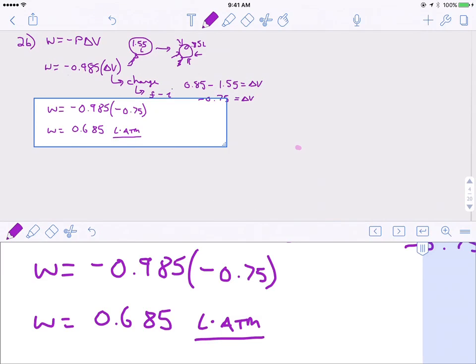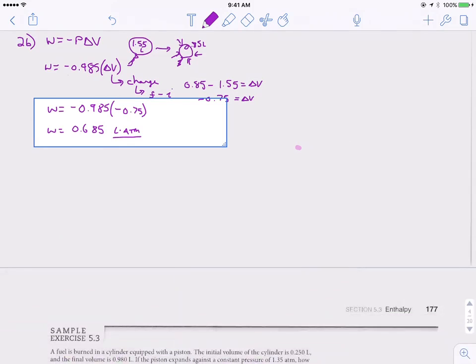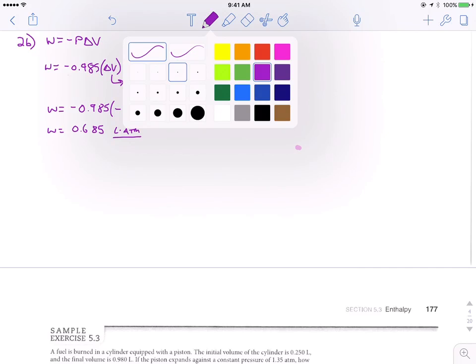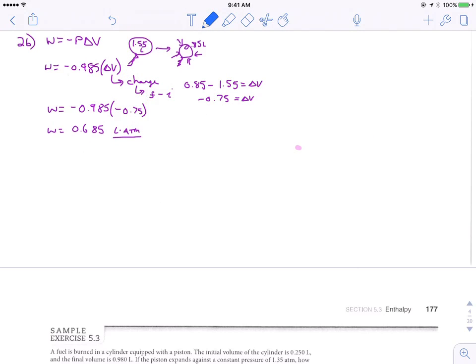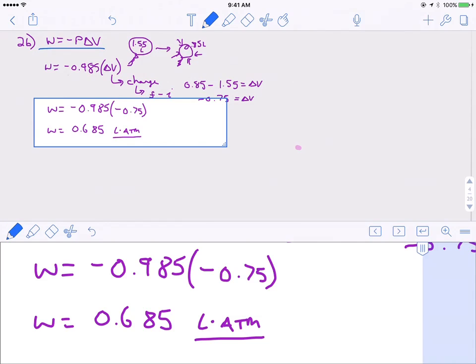Well, ATM is the pressure and volume is liters, leaving me with liters ATM or ATM liters. So same difference.